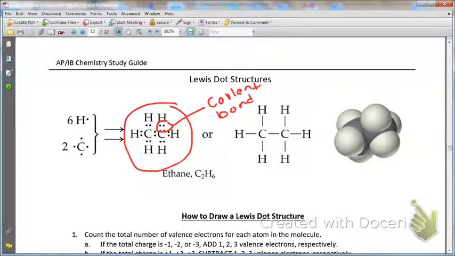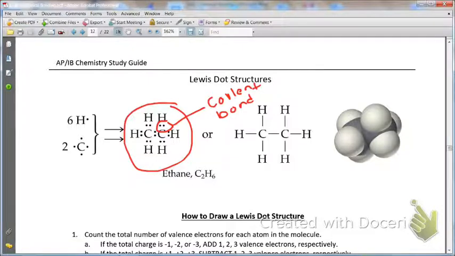That is typical for any Lewis dot structure: we use two dots between atoms to represent a covalent bond. Okay, and we're going to show you how to put these structures together, and the rules apply here in just a minute.